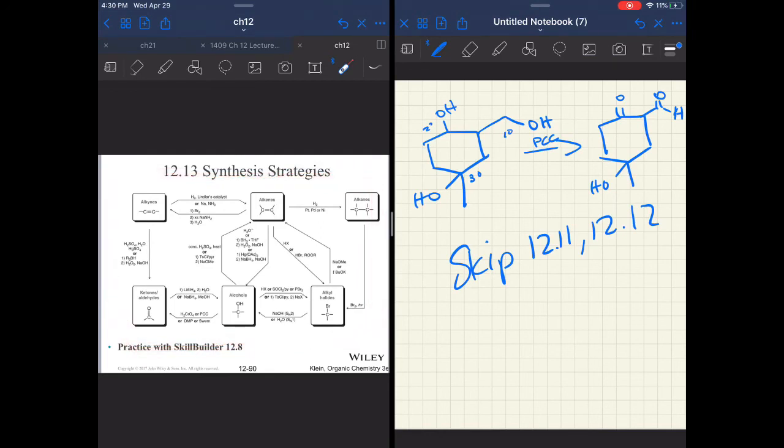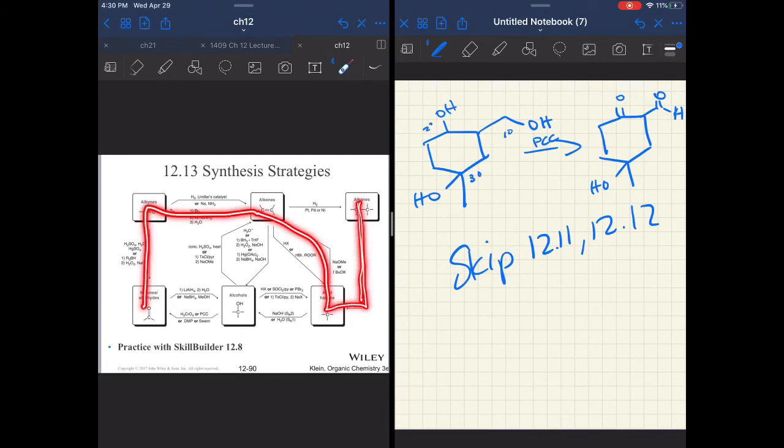You can think of it as, I've made you start at an alkane, and let's say I want you to make an alcohol product. Just on a functional group level, you know you have to go to an alkyl halide, and then from there you could go to the alcohol. If you were trying to go to a carbonyl, you can do the same thing. In fact, there are multiple routes that could get you there.